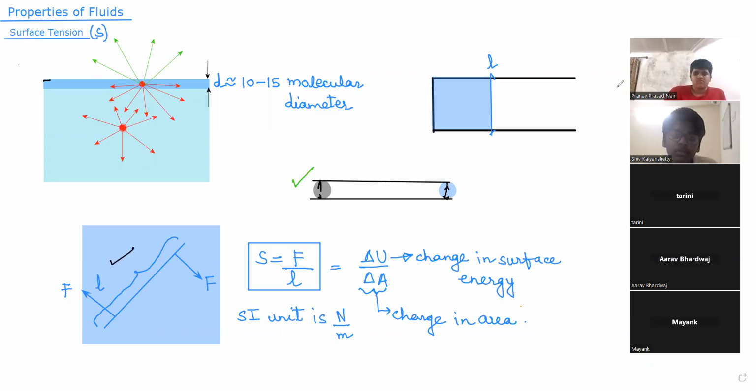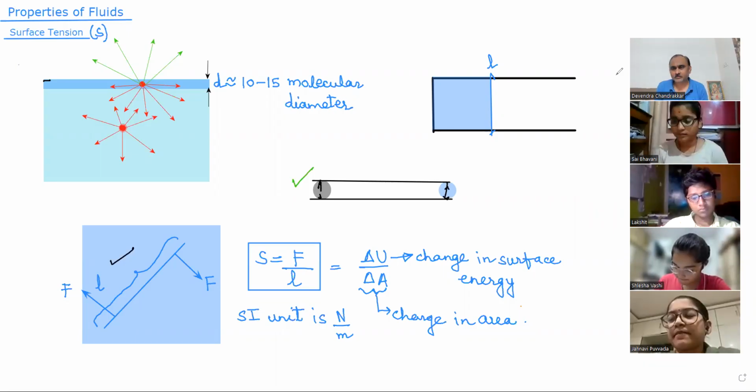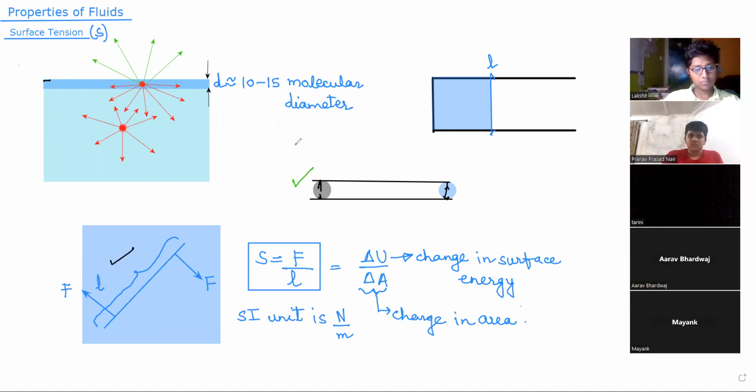You haven't switched on your camera. Yes, sir, I switched it on now. Sir, this was covered in the last class. Did I teach this? Yes, sir. Pressure inside the drop was also covered. Lakshit doesn't know, he was sleeping in class. Let me complete this, then we will switch to surface viscosity. Why were you all sitting quietly for so long? Okay, these kids are saying they have already done it, so we'll complete the surface tension first and then we will move ahead.